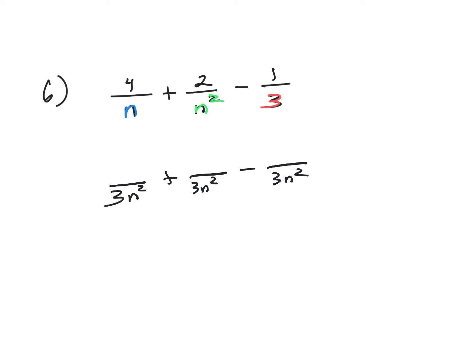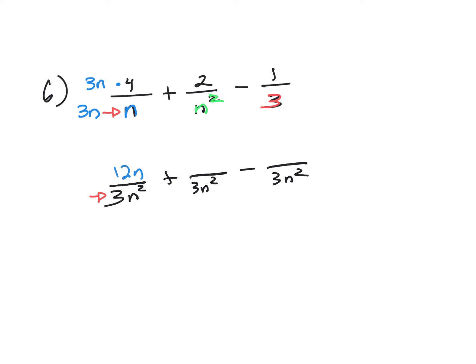So now, since we've changed our denominators, we have to change our numerators by the same factor. So look at this old denominator and ask yourself, what could you multiply that old denominator by to get this new denominator? So wouldn't we have to multiply by 3 times n to get 3n squared? So therefore, I have to multiply its numerator by 3n. So that gives me 12n.